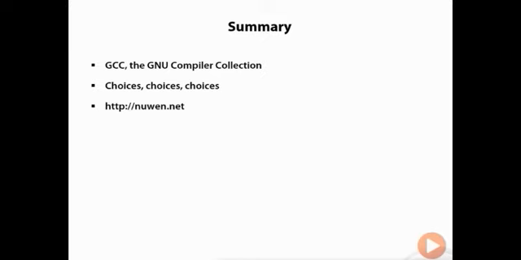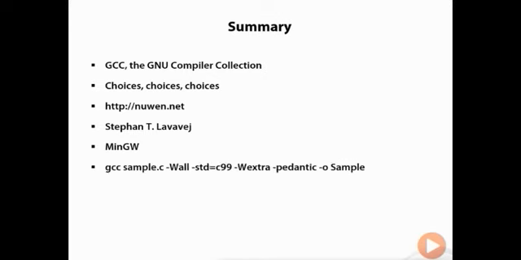Still, if you're looking to try your hand at GCC on Windows, you can't go wrong with the distribution that may be found at newen.net. Created by Stefan Lavavej, it's about the simplest way to get started with GCC on Windows. He's packaged up MinGW, which is a minimal GNU distribution for Windows. But there's nothing minimal about the GCC command line options.